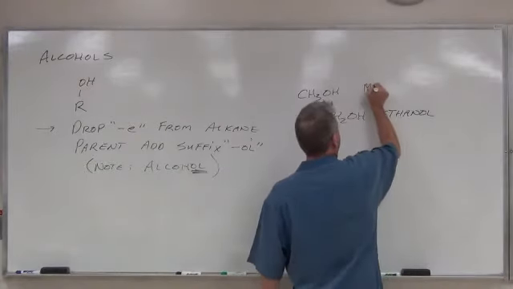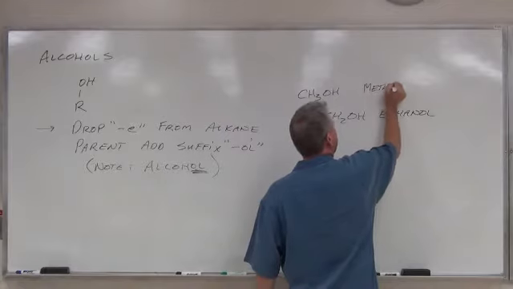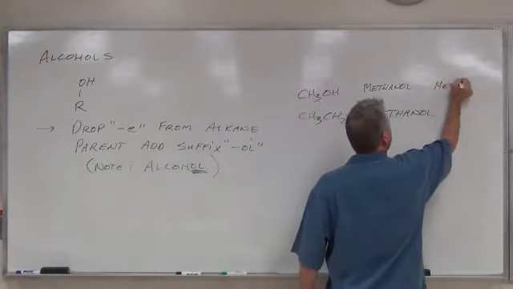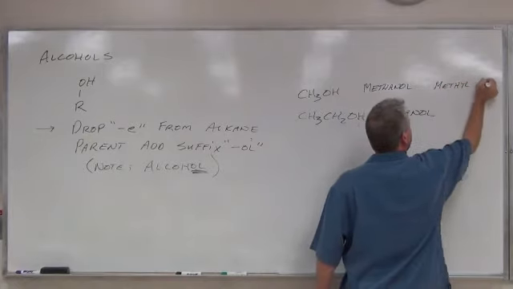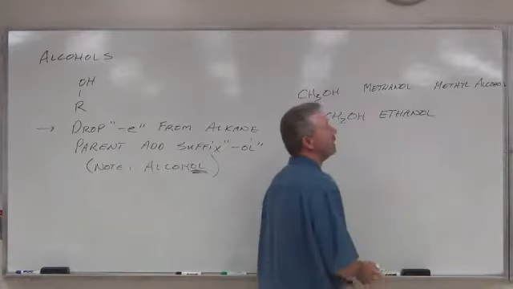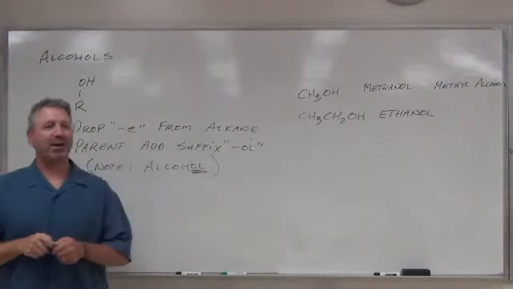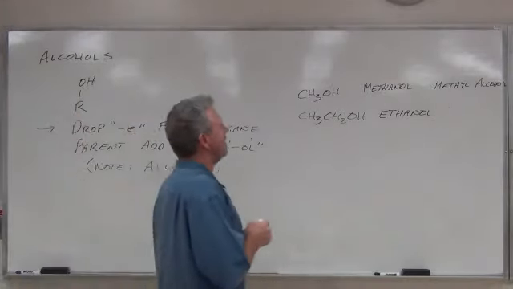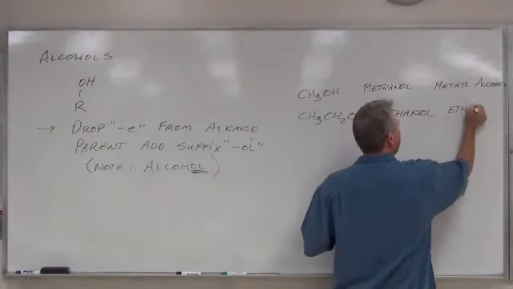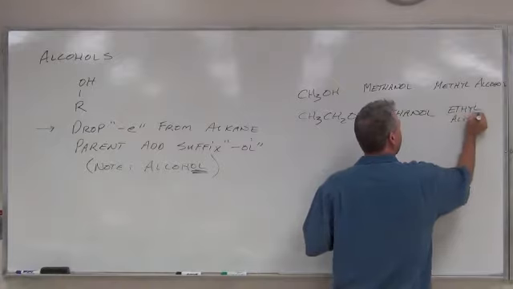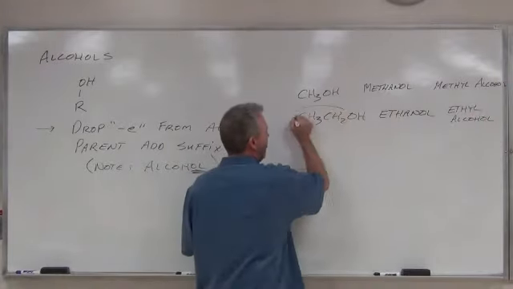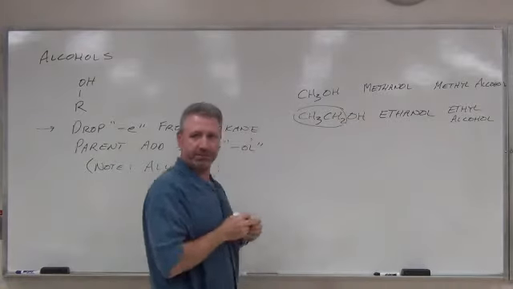So let's move this over. Did it. I had to write on the metal, but I did it. This one would be ethyl alcohol. Okay, again, they're just naming the alkyl portion.